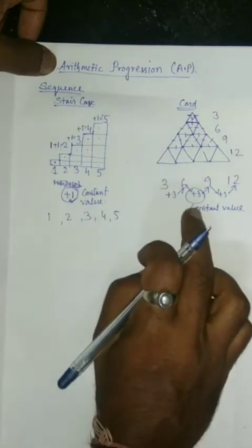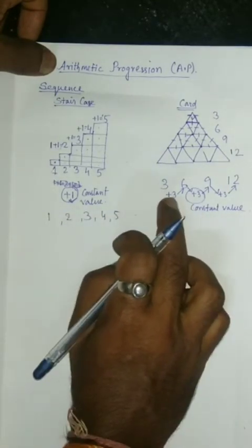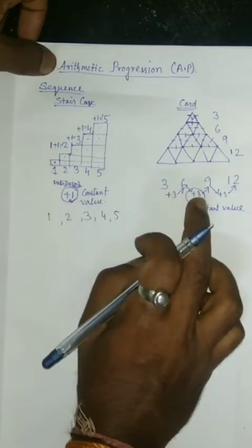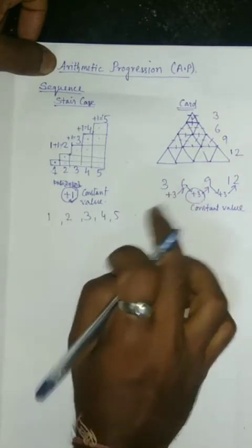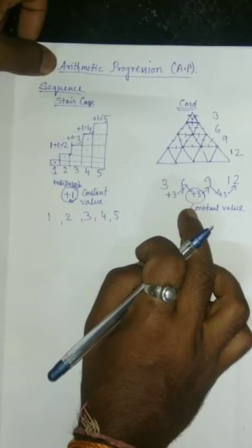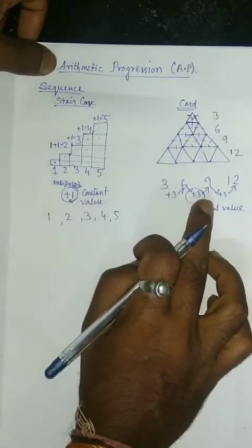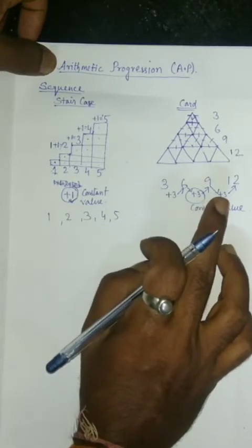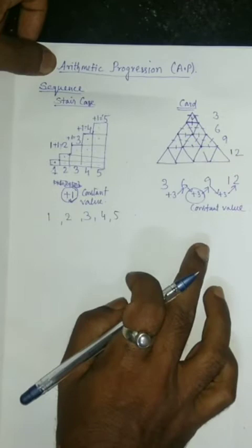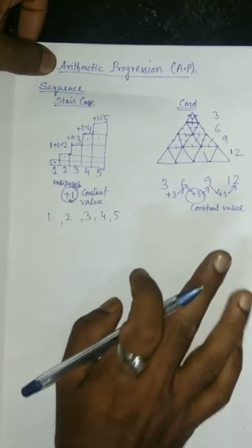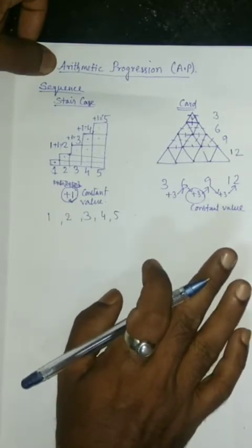In the second case, I am adding plus 3 with each number to get the next number. So we have a particular pattern in both the systems. When we get the pattern in any list of numbers, then it is called a sequence.